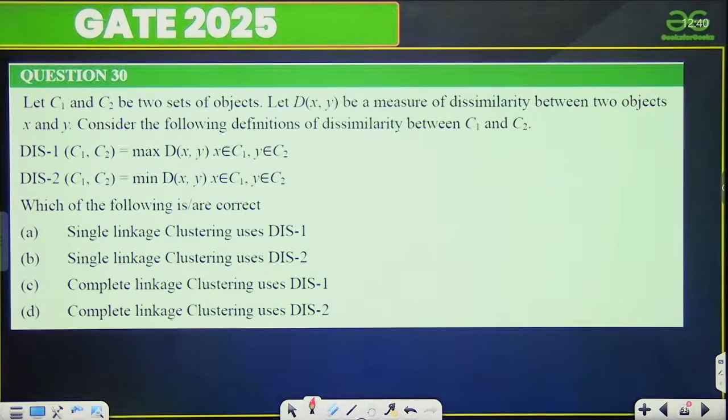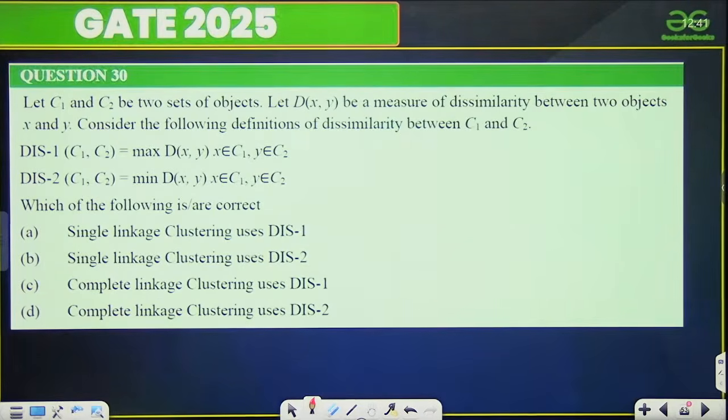Yes, tell me what is the answer. Okay, so what is the correct answer?